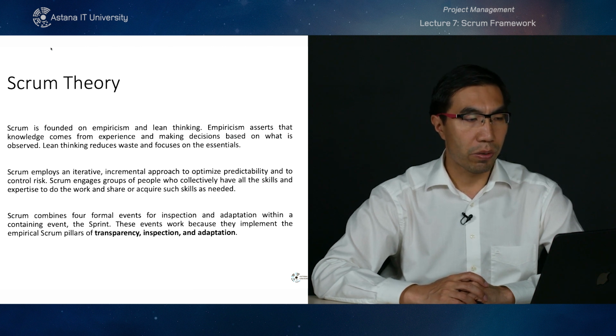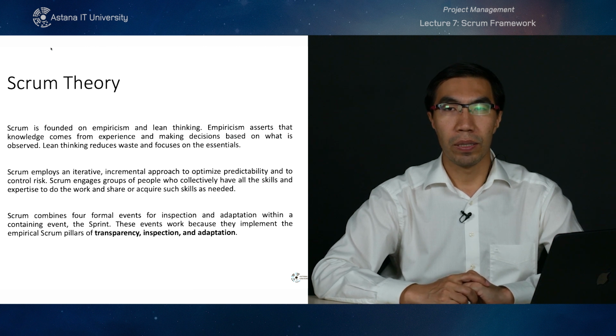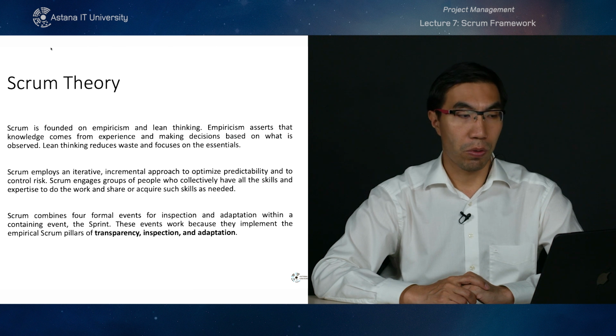Scrum engages groups of people who collectively have all the skills and expertise to do the work and share or acquire such skills as needed. That's why it's not so easy to implement pure Scrum, because you need a dedicated team of professionals who know what to do and when. And it's hard to keep such a disciplined team together for the whole duration of the project.